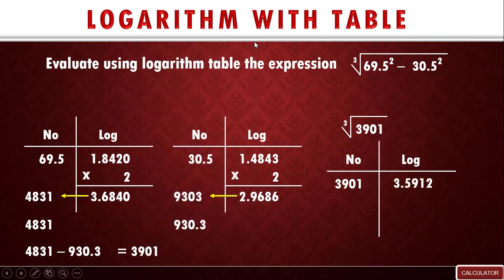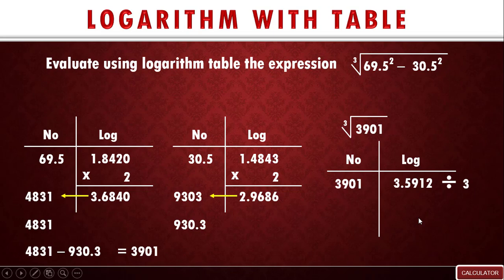The next thing to do now is to obey the root's law. The root's law says that when we have the root of any number, that means we're going to divide the logarithm of that number by the root. So we're going to divide this log that we've obtained by 3. Since we have cube roots here, that's the reason we are dividing by 3.